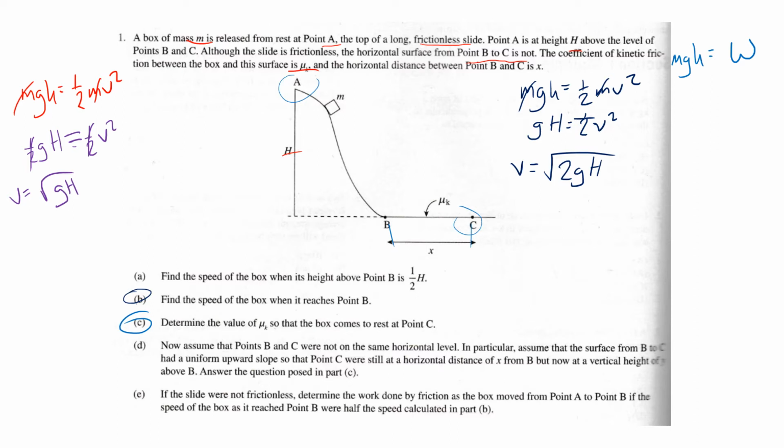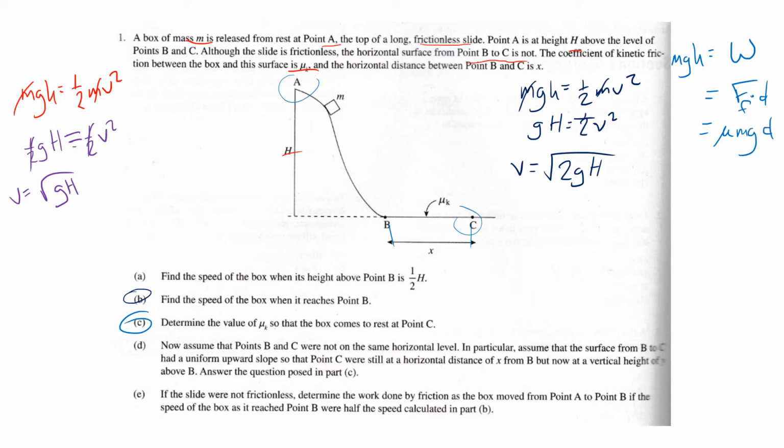Okay, so we have mgH equals W. What's W going to equal? W is equal to force times distance. But what's the force? The force is the force of friction. Force of friction is equal to mu times your normal force. Your normal force is mg.